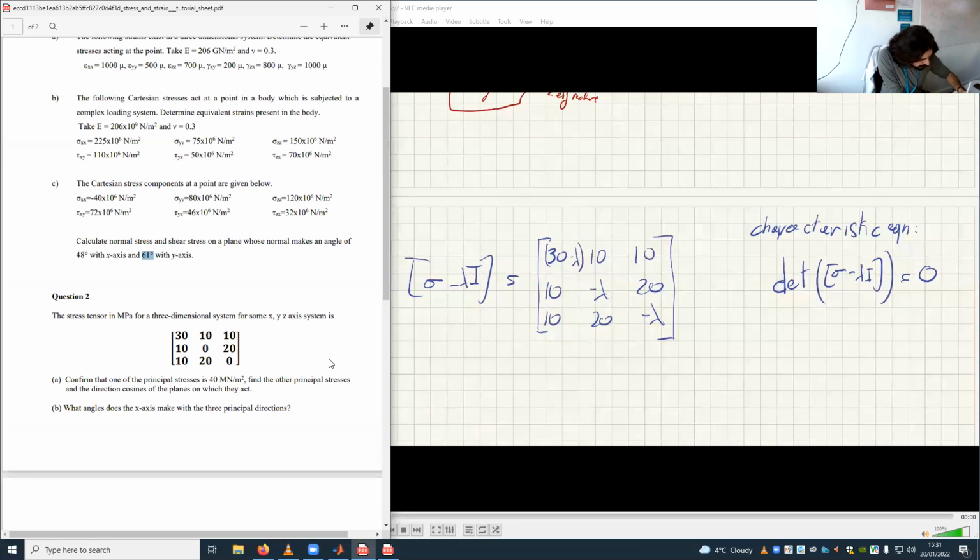So if you just copy and paste the first two columns here, you take the sum of the three main diagonals minus the sum of the 3 off diagonals, which is this one.